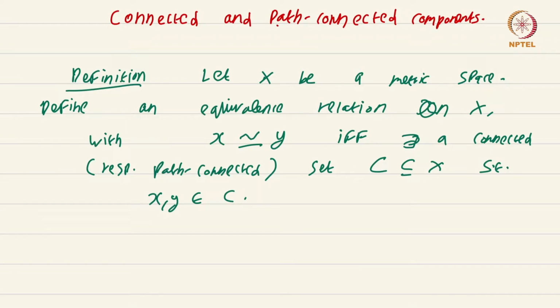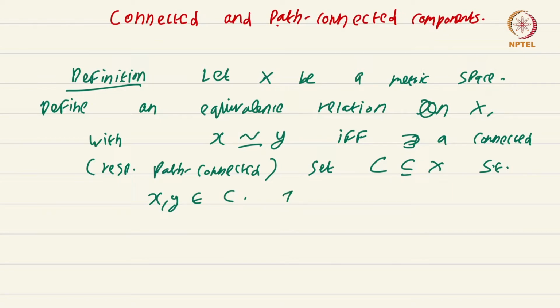Okay, now the fact that this is an equivalence relation is a very easy exercise. You have already shown that the union of connected or path connected sets that contain a particular point in common is always going to be connected, respectively path connected. Using that, you can show that this is an equivalence relation quite easily.